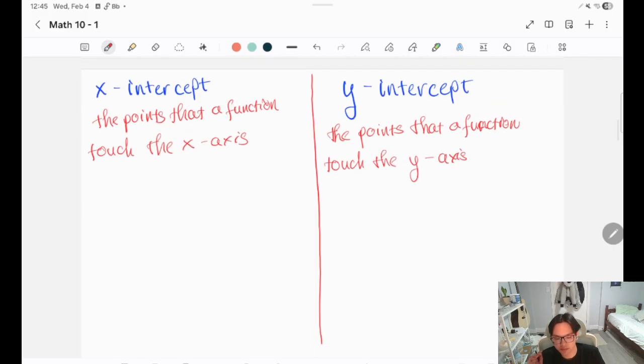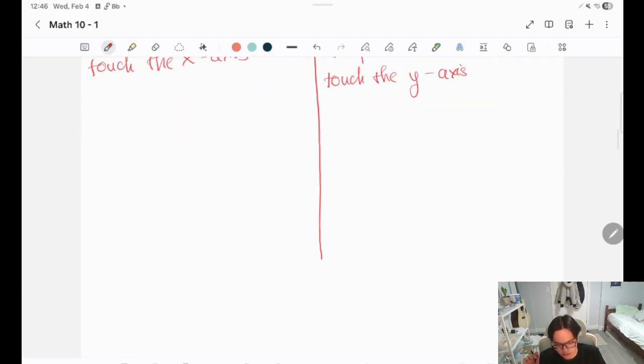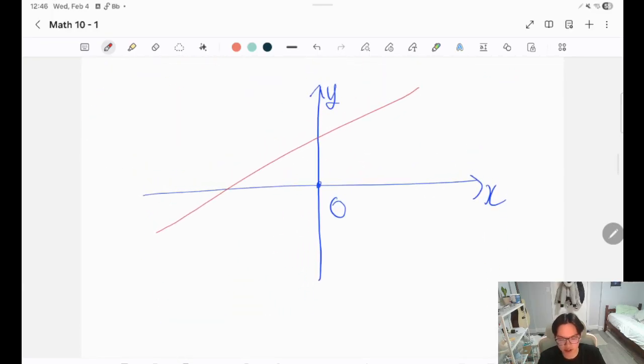So in this one, I have this example here. I got a straight line in an xy plane. So here, I got two points of cutting, right?